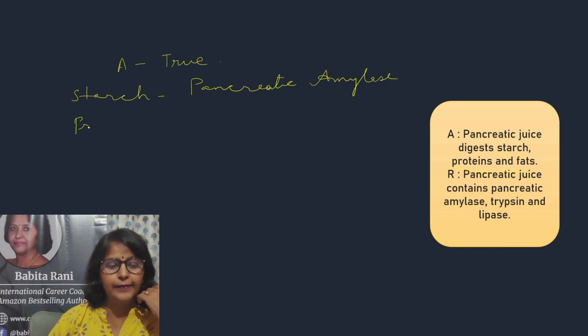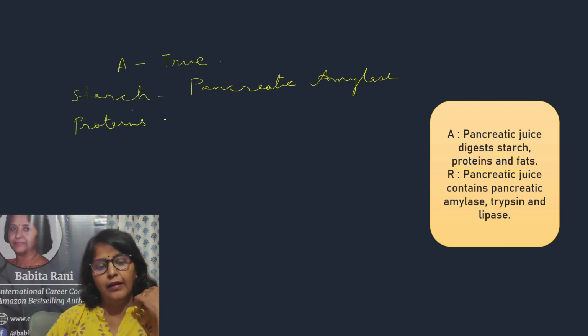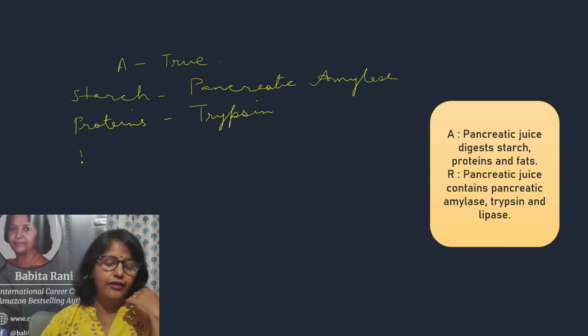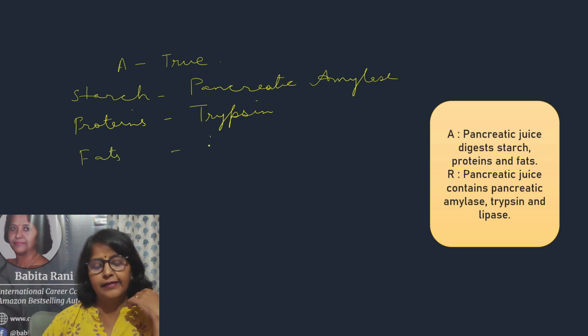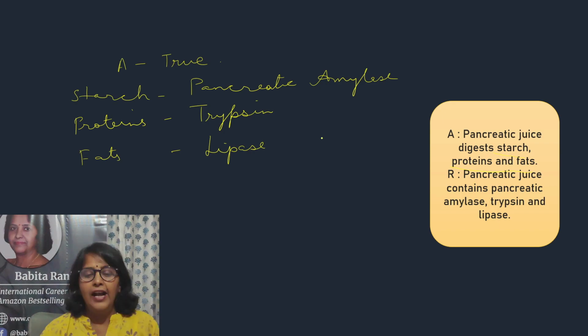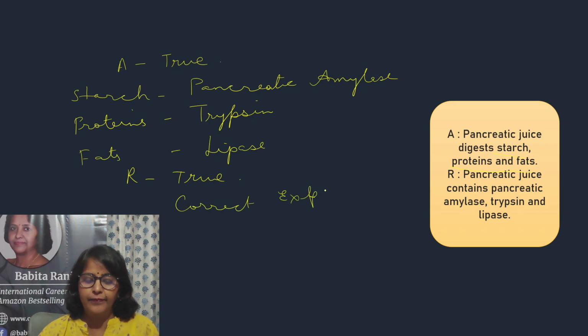For proteins, it has trypsin. And for fats, it has lipase. So it has enzyme for all the three, and that is what is written in the reason also. Pancreatic juice contains pancreatic amylase, trypsin and lipase. So the reason is also true, and it is the correct explanation also. So what will be the answer? Answer will be A for this.